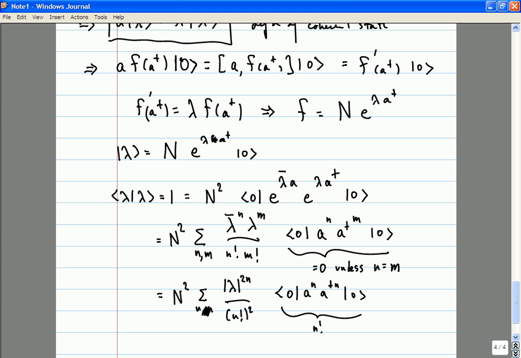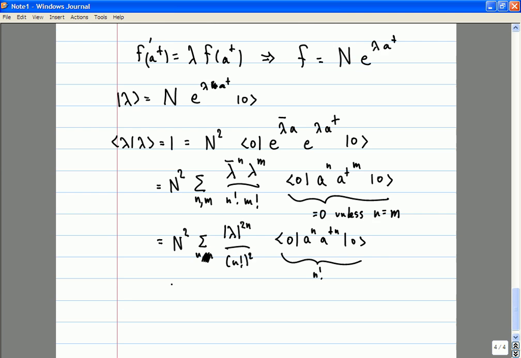Just because a dagger to the n acting on the ground state is not the nth energy eigenstate unit normalized, but rather square root of n factorial times that. So that cancels one of the n factorials in the denominator, and we're left with a sum that we know how to do. It's just the exponential of the absolute value of lambda squared. So that this normalization constant, in order for the state to be unit normalized, is e to the minus lambda squared over 2.